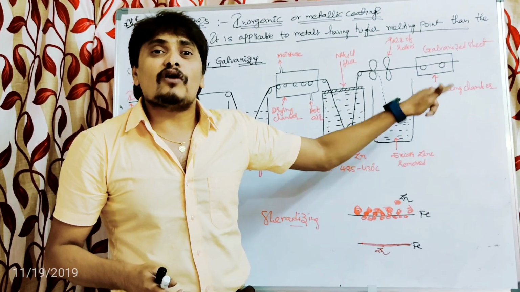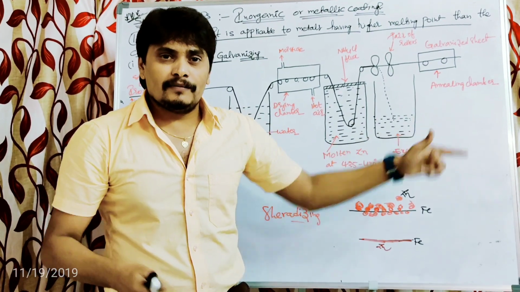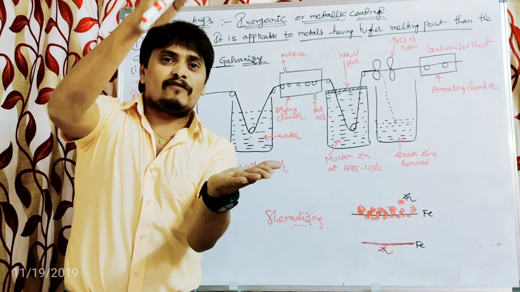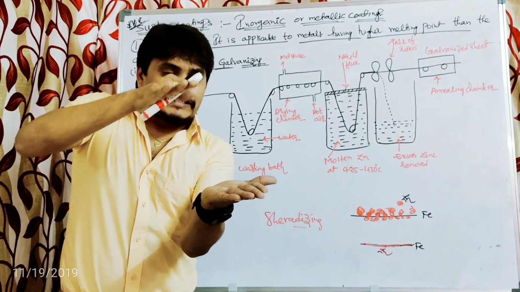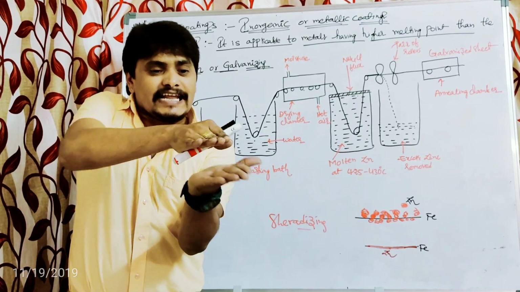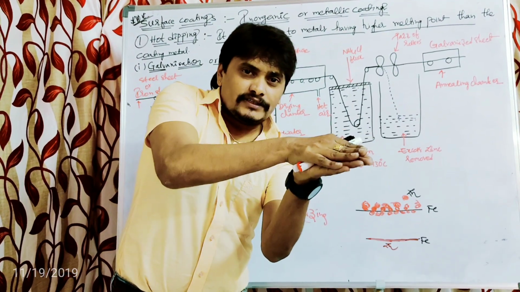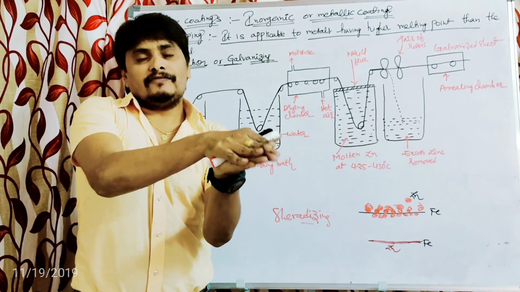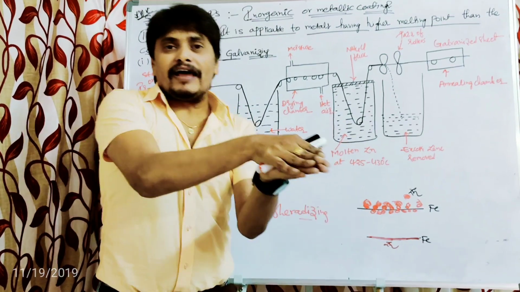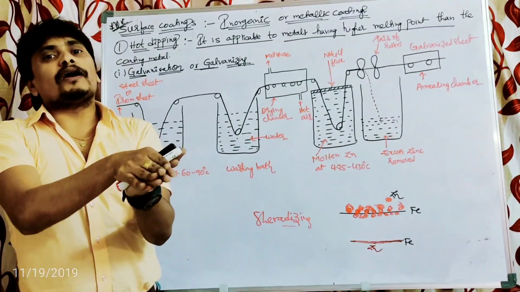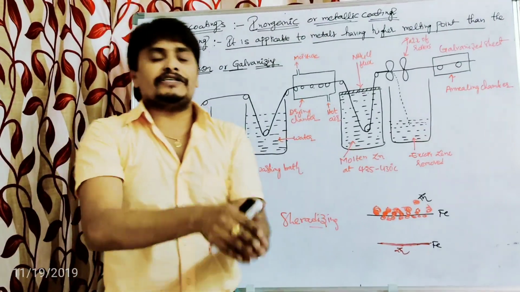Under the influence of the higher temperatures, whatever the coating metal which has been formed as a layer on the surface of the base metal binds firmly with the base metal. Finally, we have to cool and we have to collect the galvanized sheets.